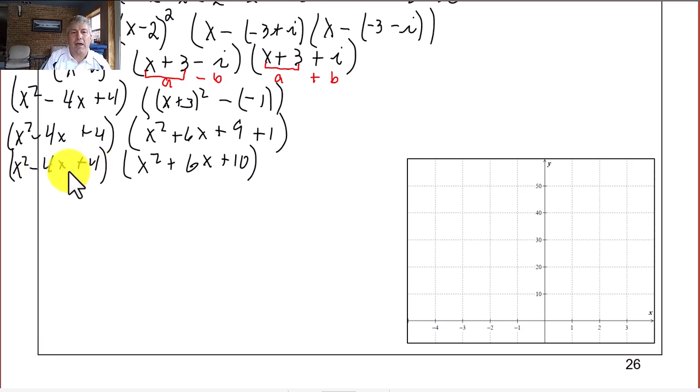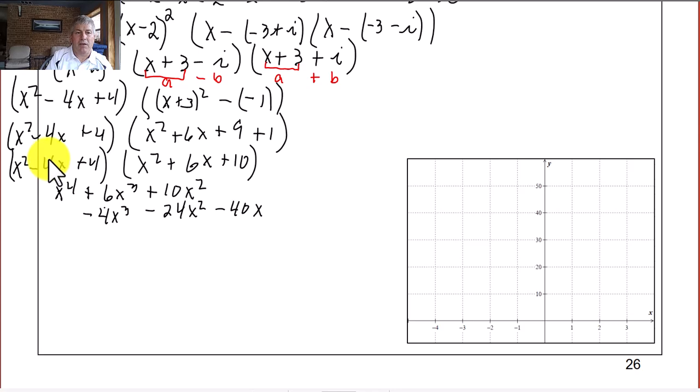Now that I have these two trinomial factors, I'm going to multiply them together. This might rock your world a little bit, but I'm going to line these up vertically, line up my like terms, and simplify vertically. Multiplying x squared by every term in the other trinomial: x to the 4th, 6x cubed, 10x squared.